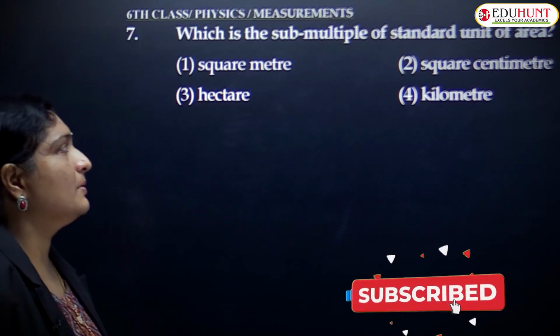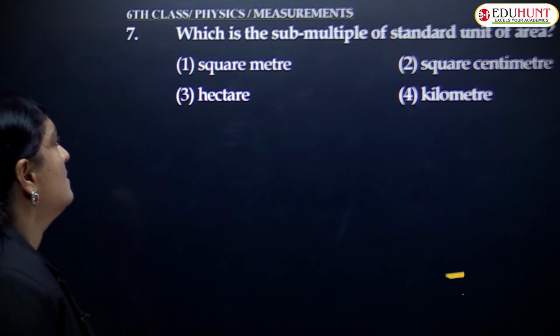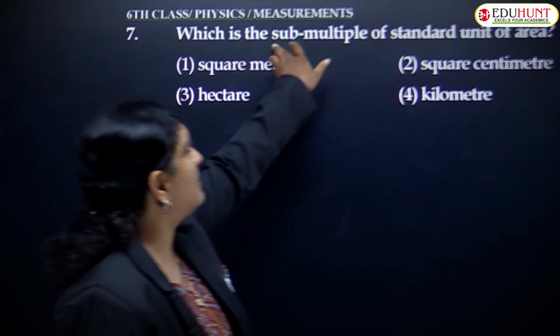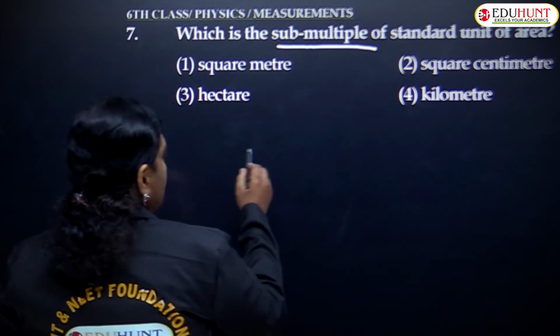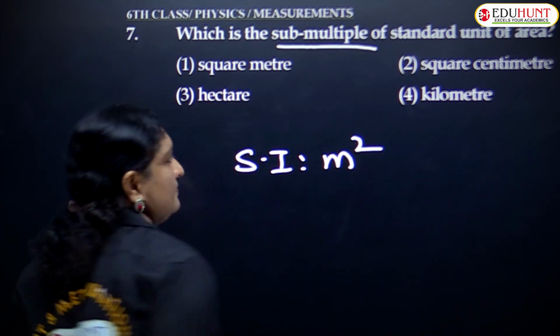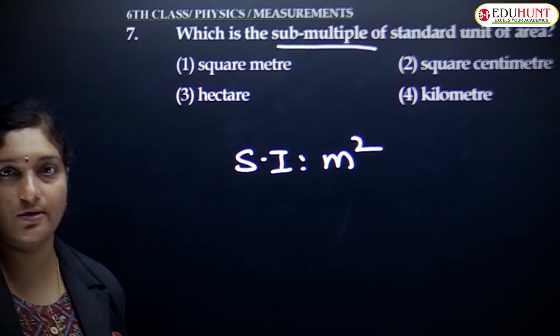Which is the sub-multiple of the standard unit of area? Is it square meter, hectare, or square centimeter? Sub-multiple means, generally, what is the standard unit? Standard unit means SI unit. SI unit is nothing but meters square. So meters square is the standard unit you have considered.